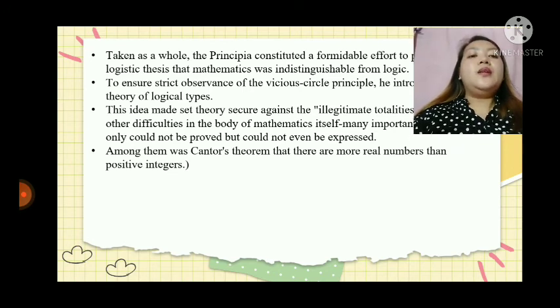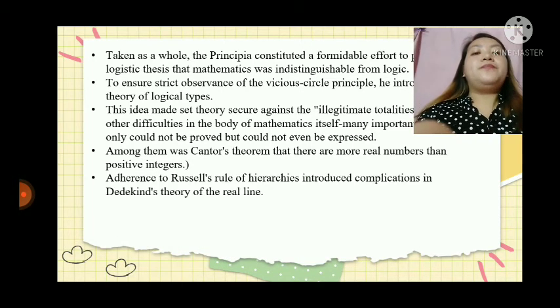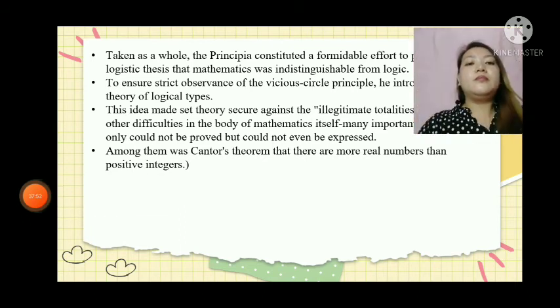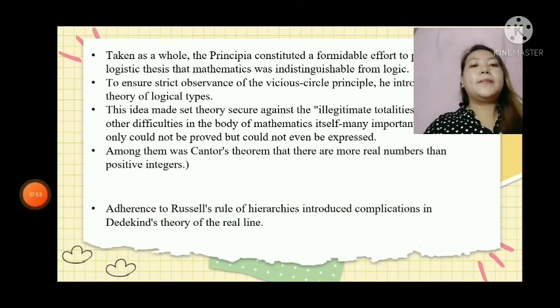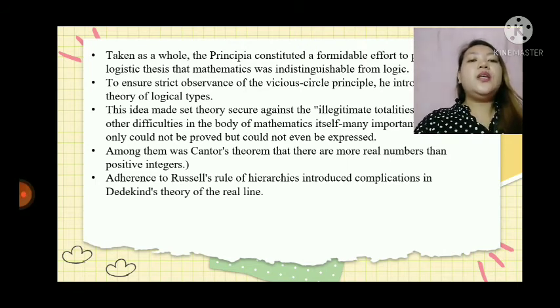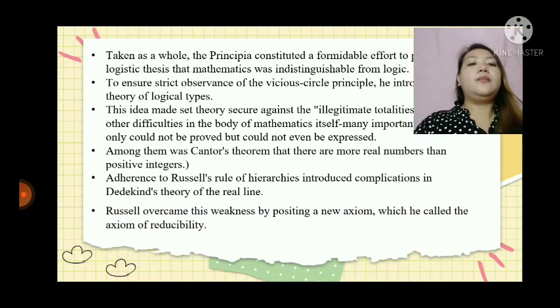Among them was Cantor's theorem that there are more real numbers than positive integers. Adherence to Russell's rules of hierarchies introduced complications in Dedekind's theory of the real line.